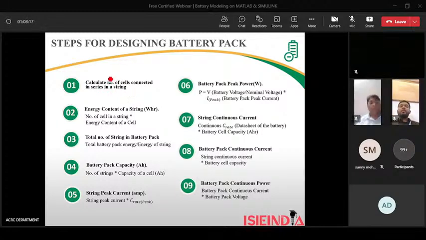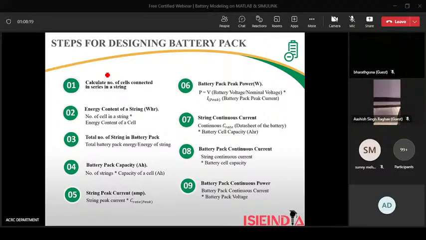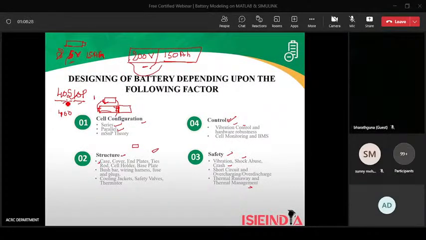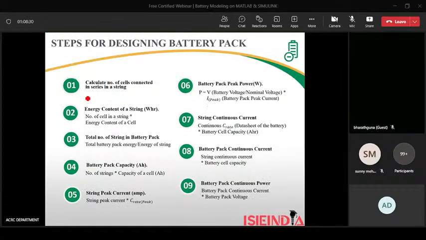I already discussed in the previous slide, like to get 200 volt, and I have one cell of 5 volts, so I connected 40 in series and 10 in parallel. Initially we do the calculation like that, and then we make a string. So the first step is to calculate the number of single cells connected in series in a string.